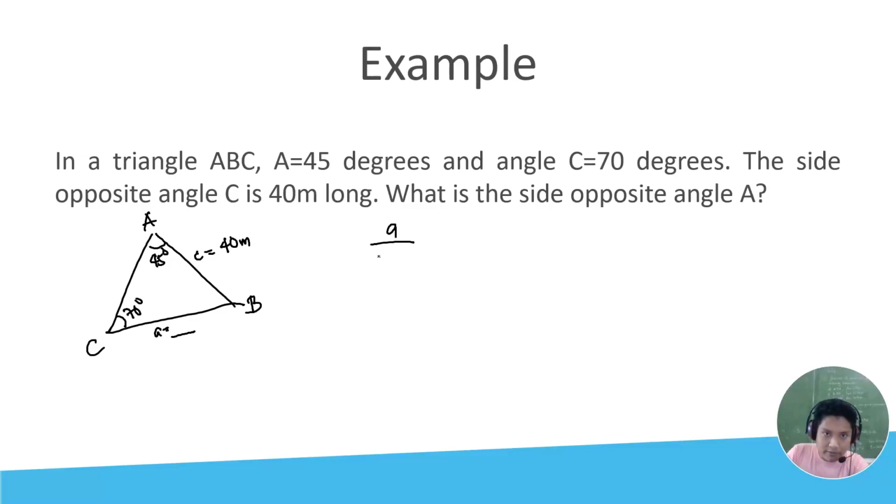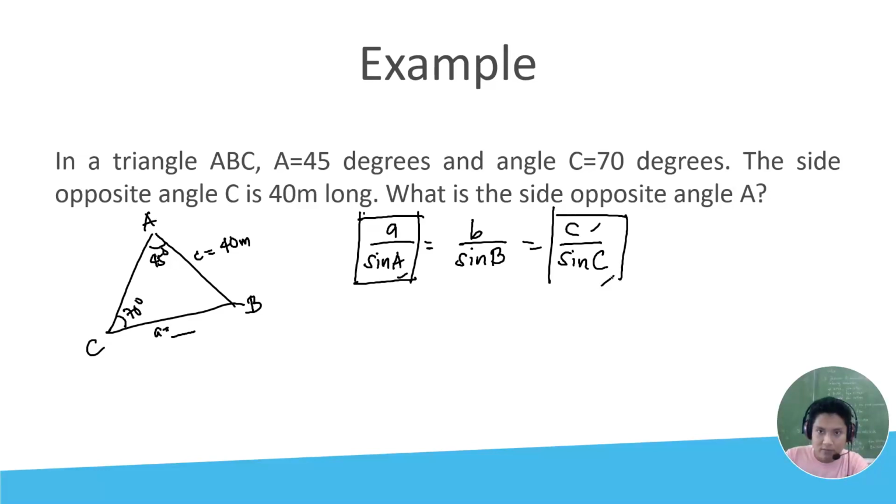We have A over sine angle A equals B over sine angle B equals C over sine angle C. So based on the given, we have angle A, yes, and side C and angle C are given, so we can equate these. Since the unknown is side A, we equate side C and angle C. So equating the two, we have A over sine A equals C over sine angle C.